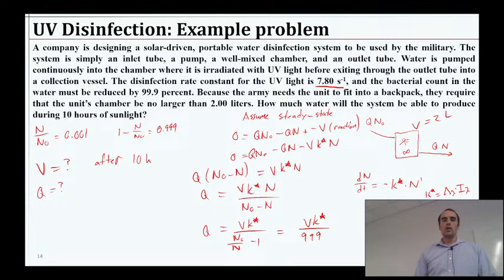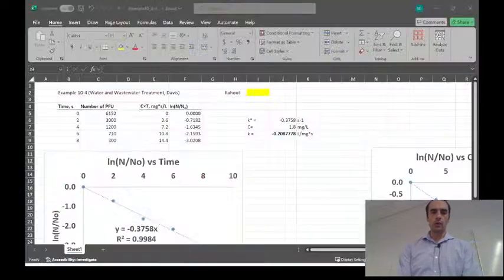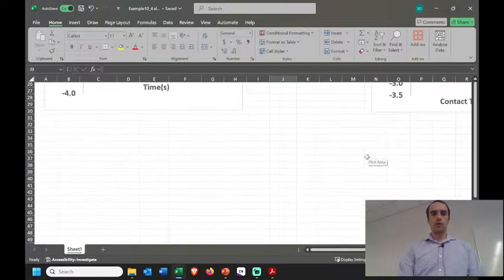Okay, so that'll get us our flow rate, but that's going to be in liters for the volume and per second for the k. So that'll give us liters per second. Then we need to multiply that by 10 hours, convert the seconds to hours, and find our number. So I'll do that real quick with you here.